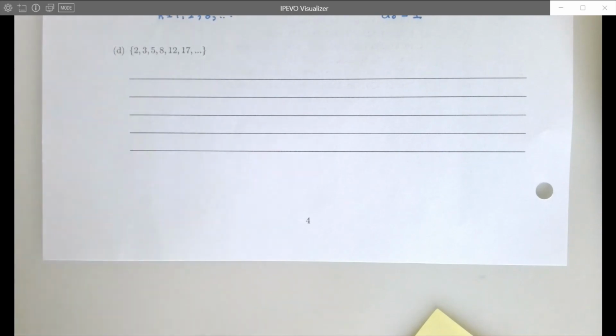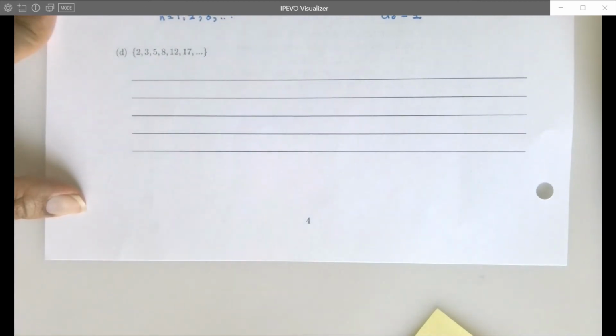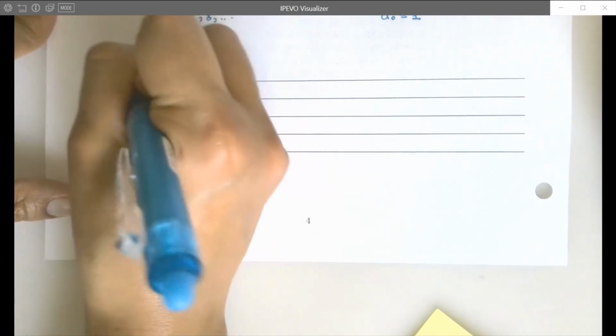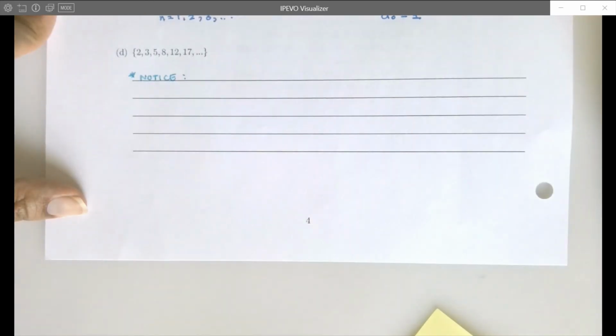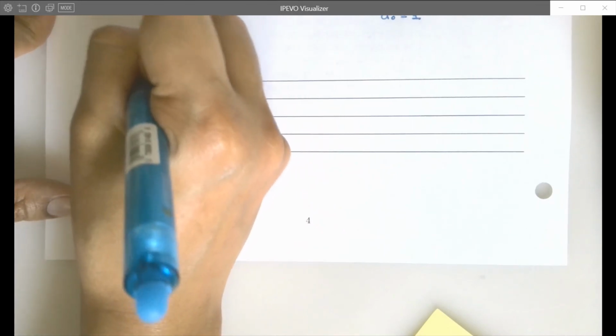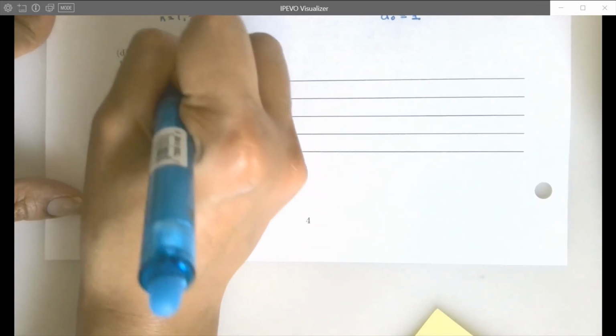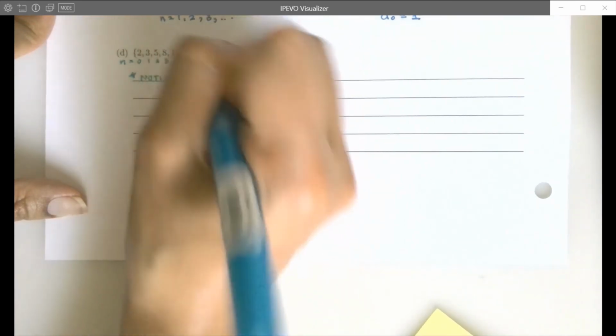So it seems like we are adding one integer greater every time. And just so that we can come up with the general rule, let's write our observations. Again, this is going to be n equals 0, 1, 2, 3, 4, and 5.